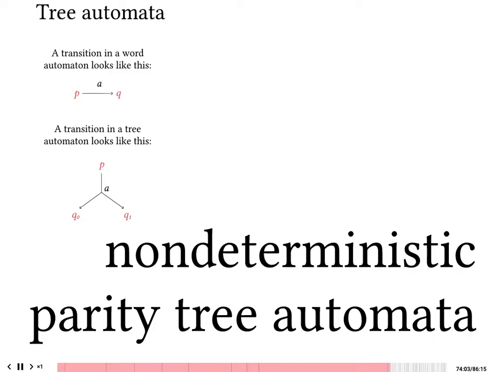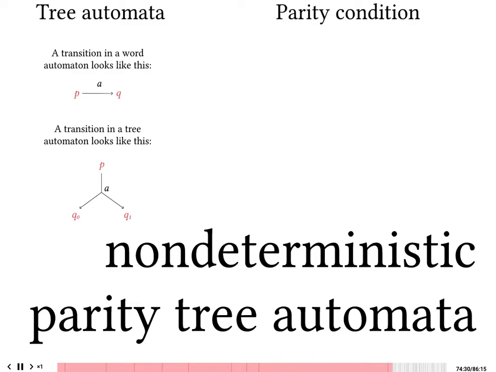So a transition, instead of being a pair of states and an input letter, is a triple of states and an input letter. I will be caring mainly about non-deterministic automata here. There are several variants of deterministic ones, such as deterministic bottom-up or top-down, but I will not discuss this right now.